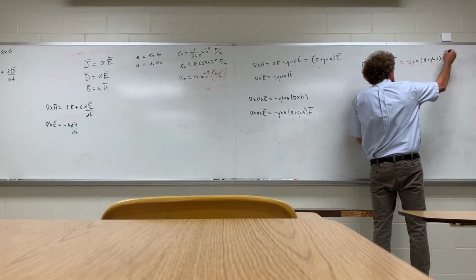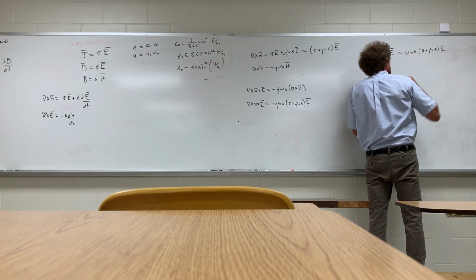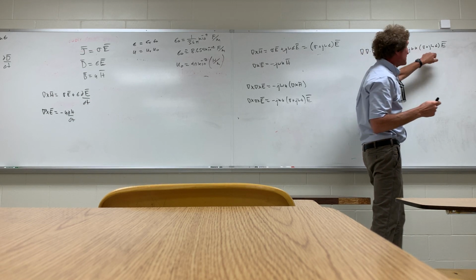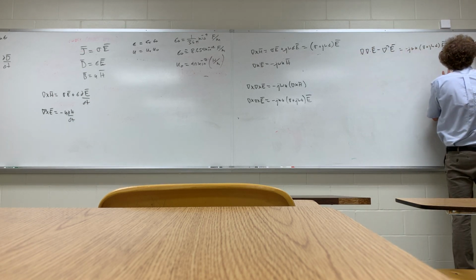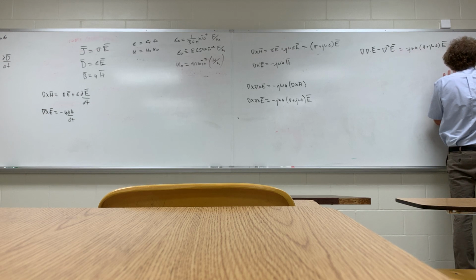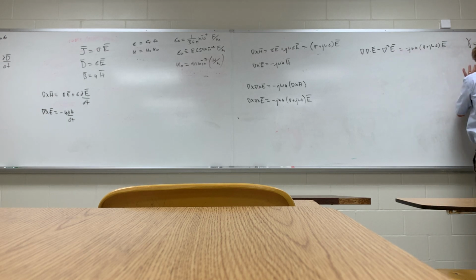I want one constant that lumps all those material parameters and frequency parameters. It's called gamma, the propagation constant. It's equal to alpha plus j beta, and it's equal to the square root of j omega mu times sigma plus j omega epsilon.